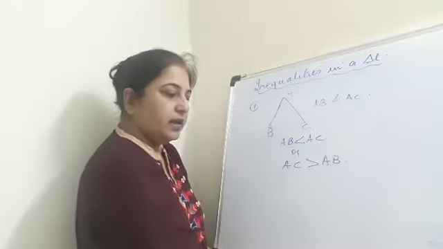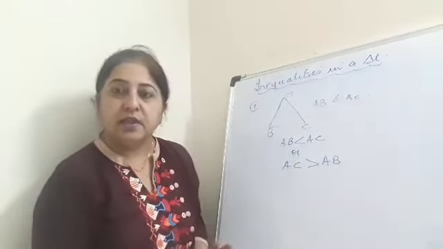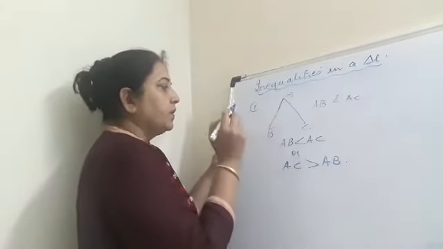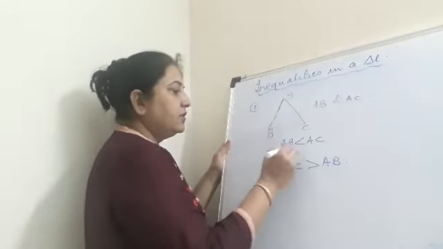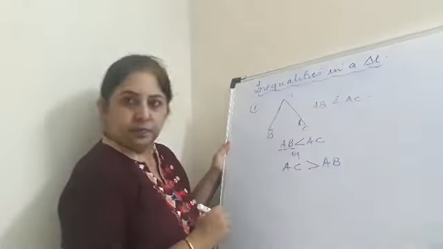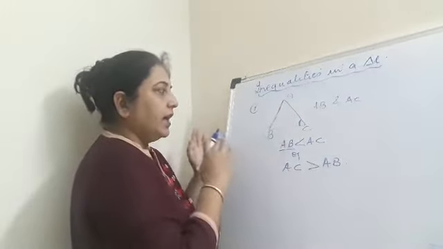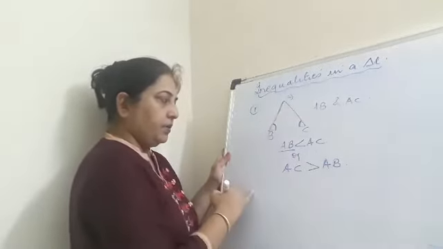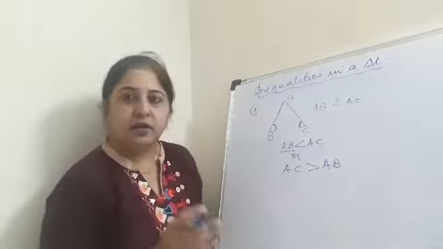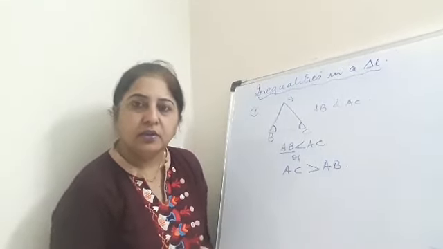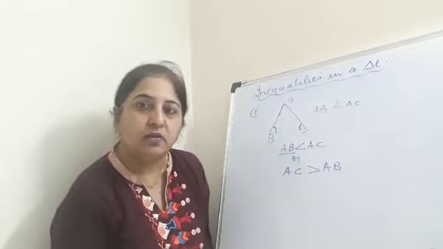Now we also have to understand the meaning of the opposite angle. You have been studying this before also. The angle which is opposite to AB is angle C, and the angle opposite to AC is angle B. As I said, the inequality says that the angle opposite to the greater side is always greater.